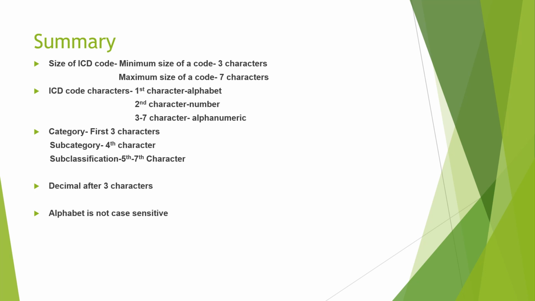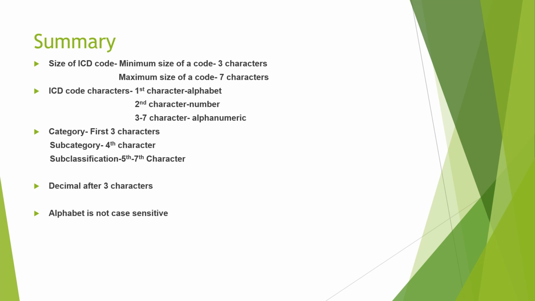ICD code characters: the first character is always an alphabet, the second character is always a number, and the third to 7th characters are alphanumeric. We have already seen this. Category: the first 3 characters are called category, the 4th character is called subcategory, and the 5th to 7th characters are subclassifications.